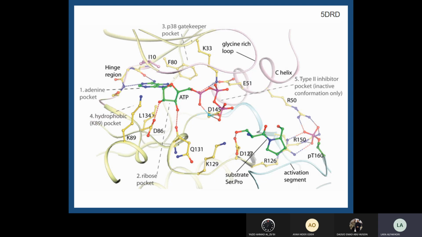Okay, now if you look at this one, can you distinguish where the ATP is?